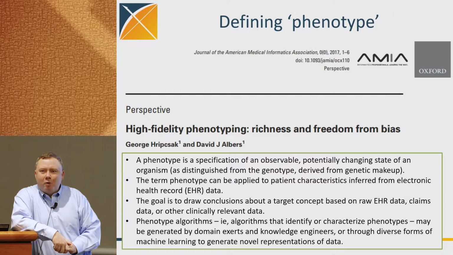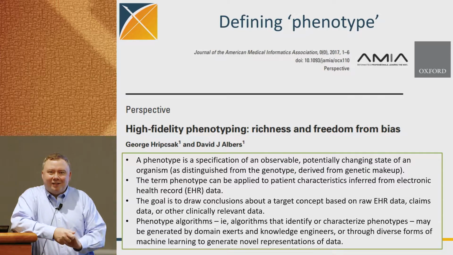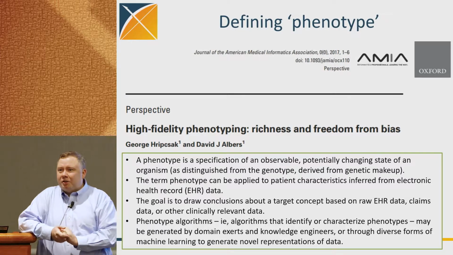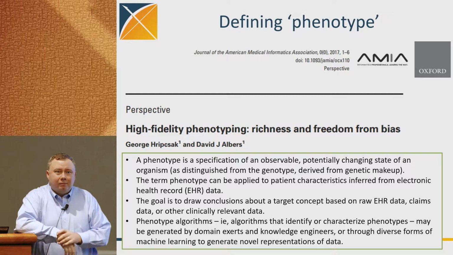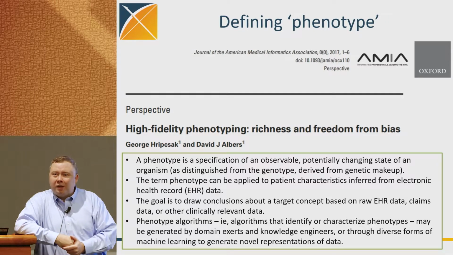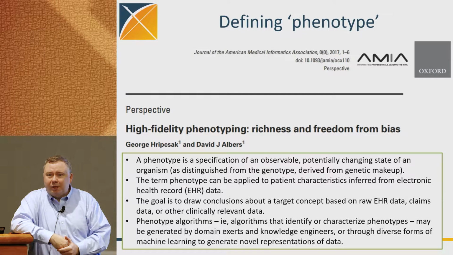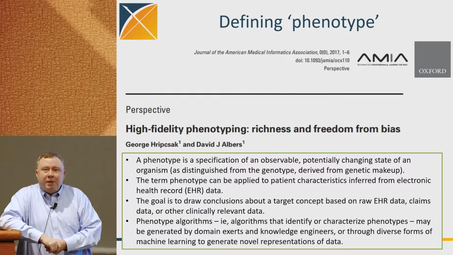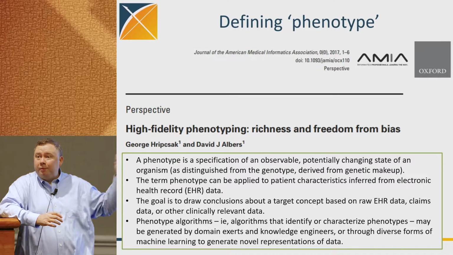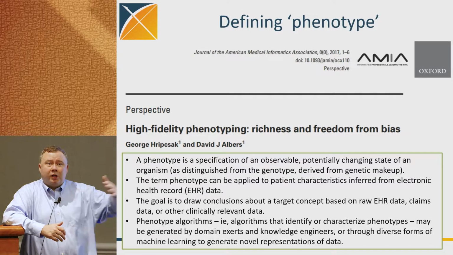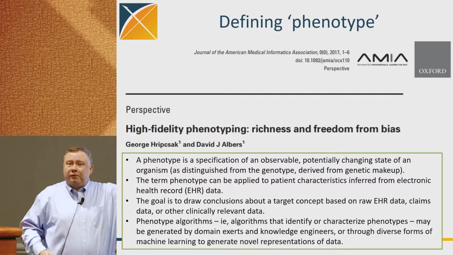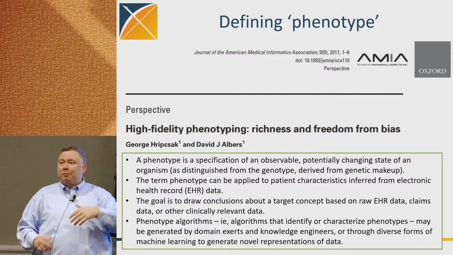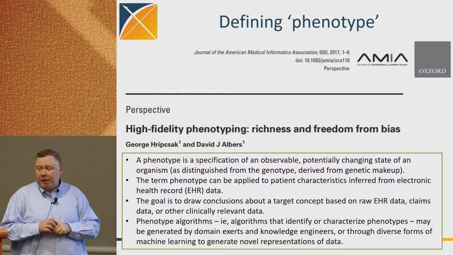There's a moment that a person doesn't have diabetes. There's a moment that that person may develop diabetes, and maybe with diet and exercise, there's a moment that they would no longer be classified as diabetes. And this notion of having a potentially changing state means that a cohort or a phenotype is something that is going to vary over time. You could belong to a phenotype at some moment in time and not belong to the phenotype at some other moment in time.